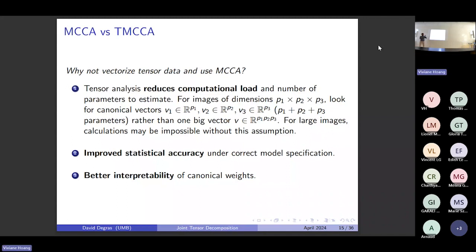Underlying the idea of tensor is that there's a sort of separability across the different modes of your tensor. If this is true, so for example, let's say I have EEG data and I have some one-dimensional will be the channel, so I think of it as space, one-dimensional will be time, one-dimensional will be frequency. If I can characterize the variations, not perfectly, but quite well, separately in each of those dimensions, then the tensor approach is better.